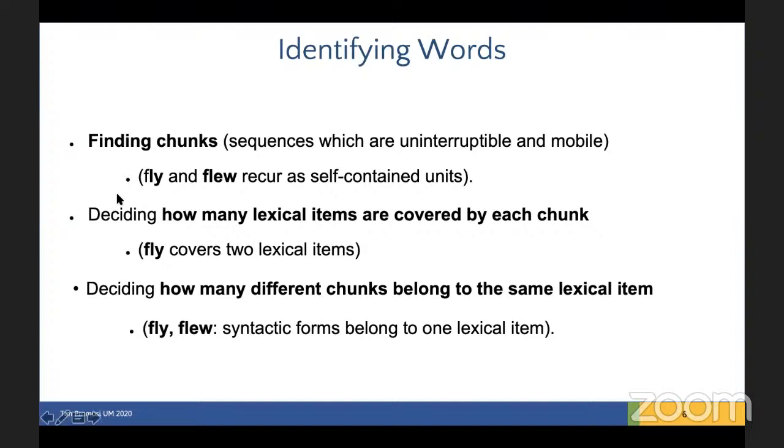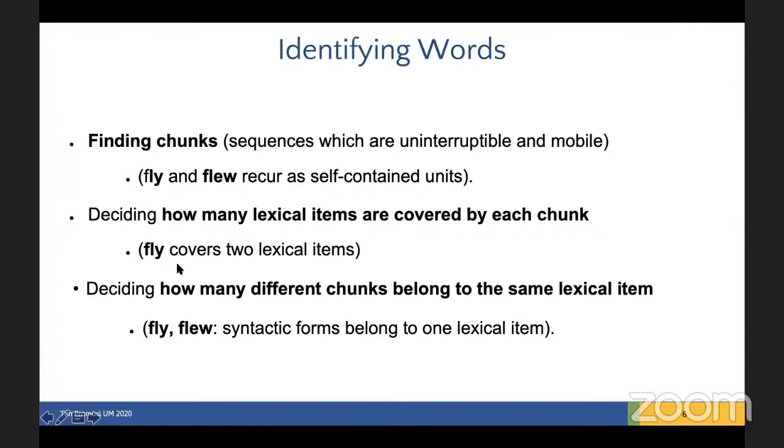And we need to know how to decide how many lexical items are covered by each chunk. So fly, does it cover one lexical item? Lexical item is like vocabulary, a meaningful unit.